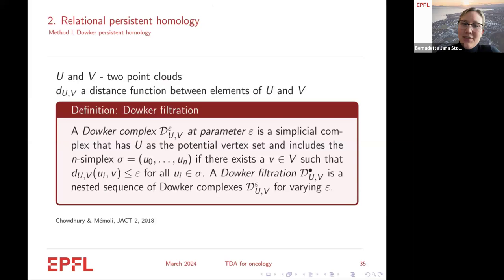A Dowker complex at parameter epsilon is a simplicial complex that has, for example, U as the potential vertex set, and then includes the n-simplex based on vertices in U if there exists a V in the other point cloud such that the distance between the U_i and V is smaller or equal to epsilon for all the vertices of the simplex. And then you can vary the epsilon to create a filtration.